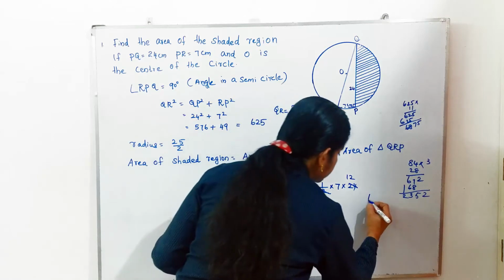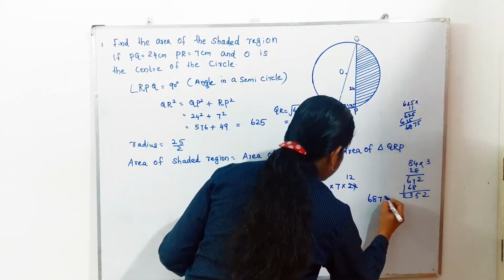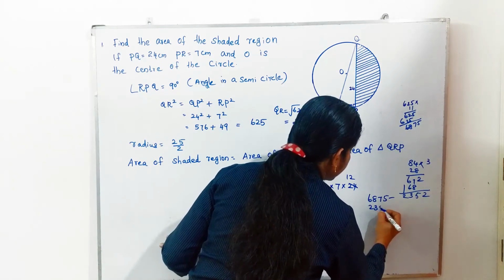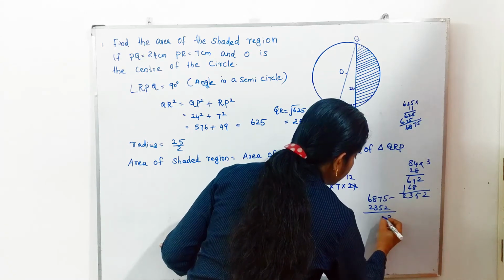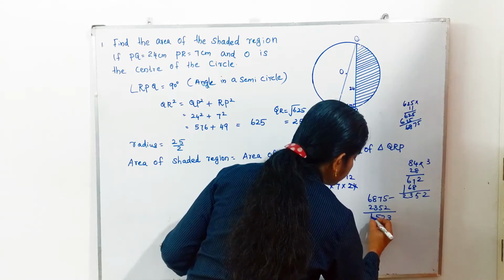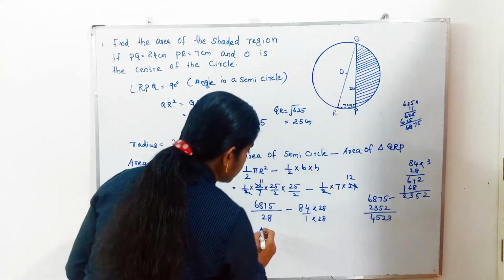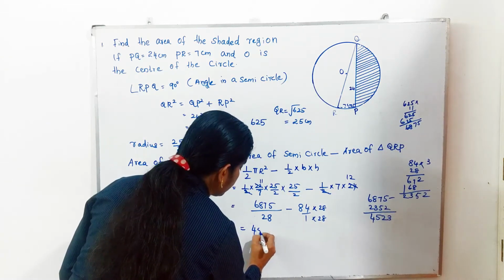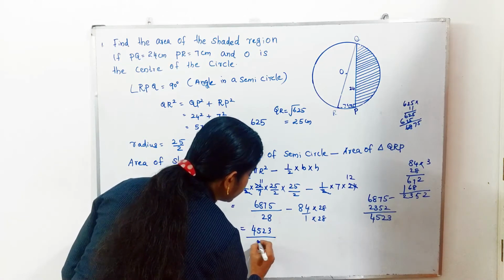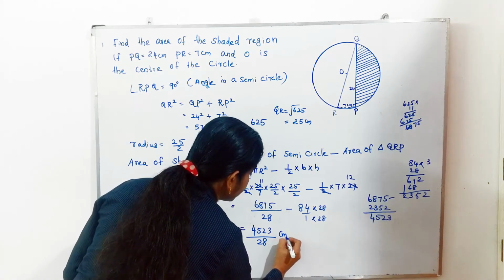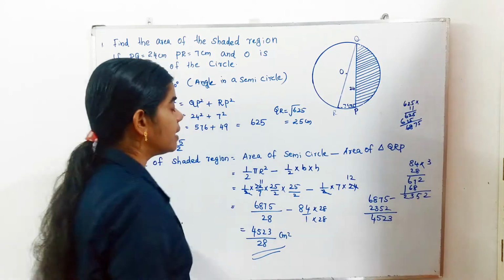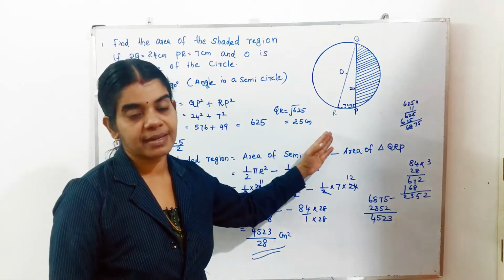So 6875 minus 2352 is 4523. 4523 divided by 28 centimeter square will be the area of this shaded region.